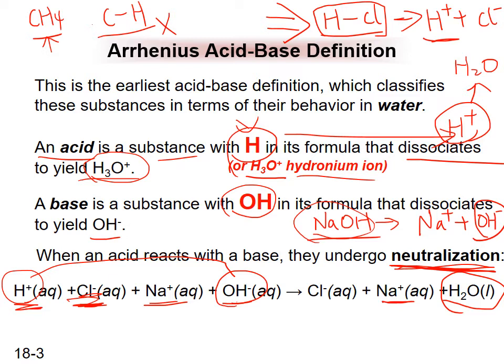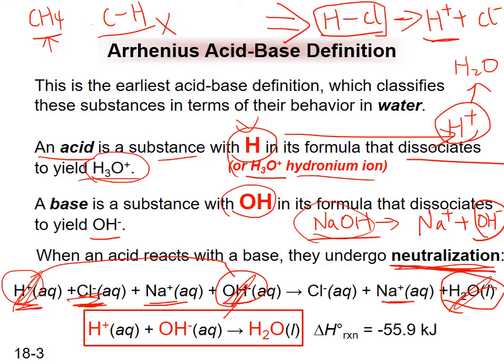So what really happened is hydrogen ion and hydroxide ion form water. So we have a net ionic equation showing that the neutralization between an acid and a base in Arrhenius theory is hydrogen ion plus hydroxide ion forms water, and this reaction releases a large amount of heat.